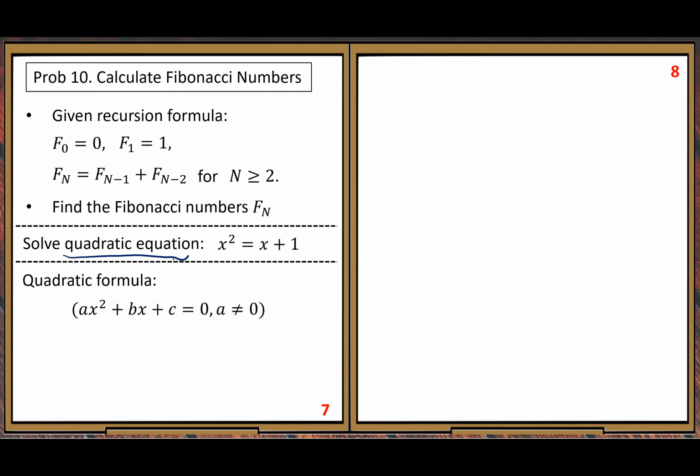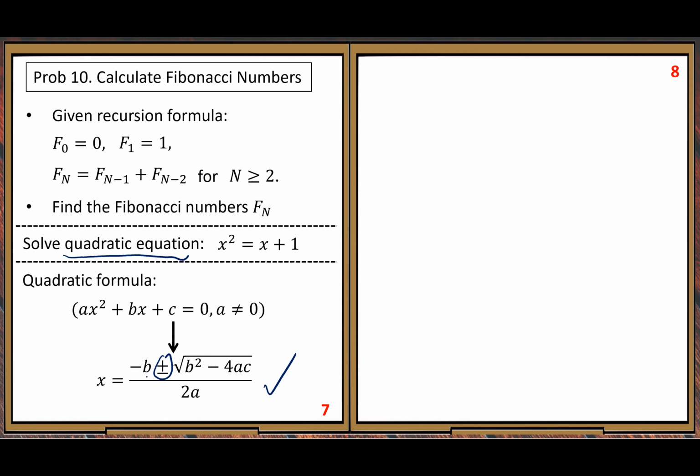Otherwise, it's a linear equation. The formula gives two possible solutions: negative b plus or minus the square root of b squared minus 4ac as the numerator, and the denominator 2a.